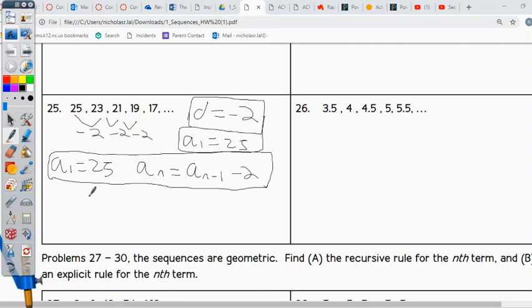So that's recursive. For explicit, C is equal to A1 minus D. C is equal to 25 minus negative 2, so C is equal to 27. Which means an is equal to Dn plus C. So an is equal to negative 2n plus 27.